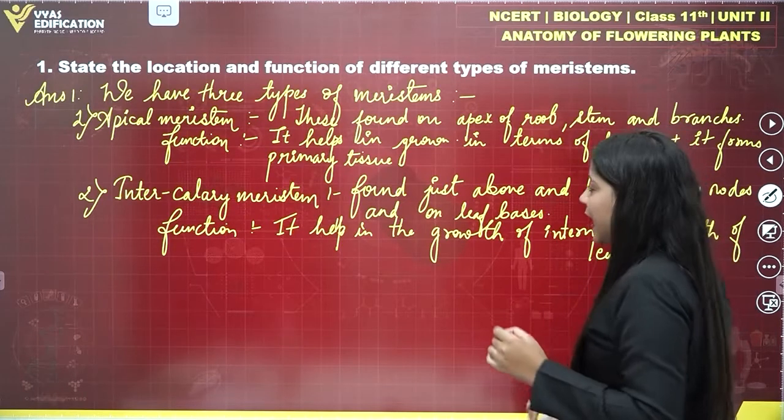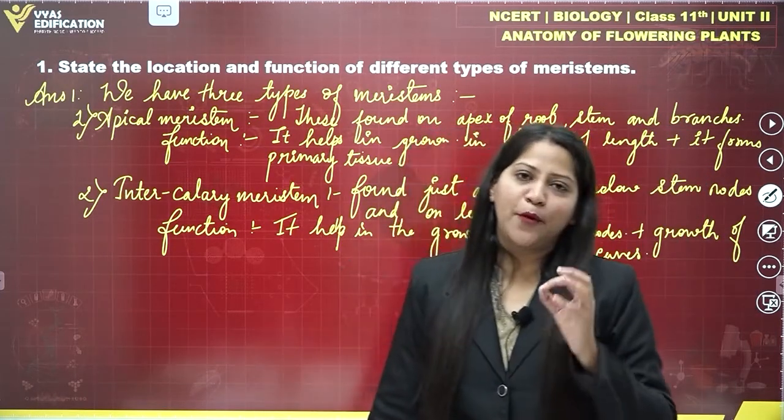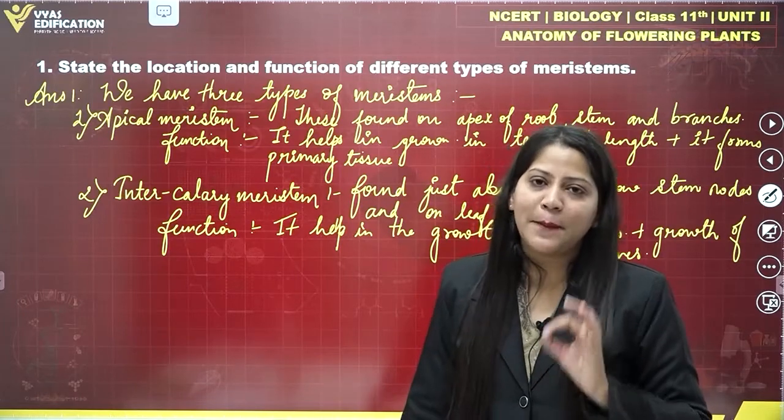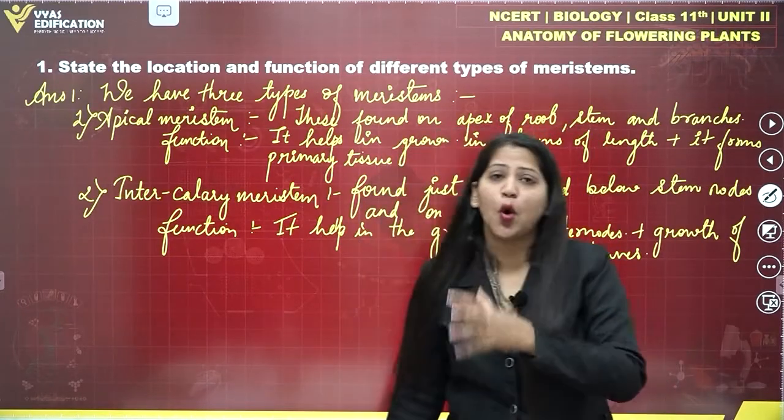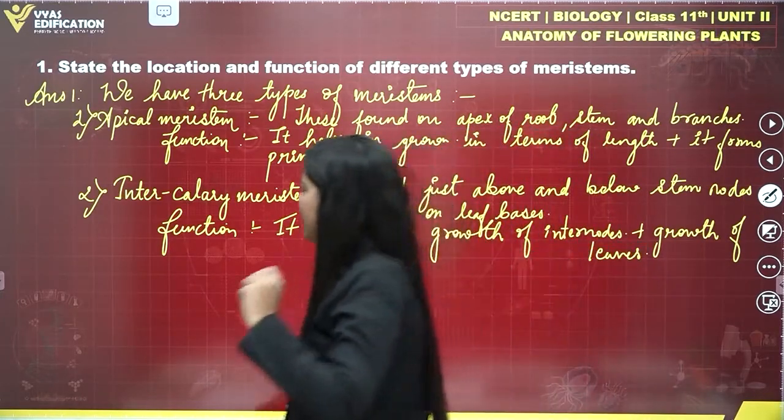right? Then next and the third type of meristem we have is lateral meristem, which is of two types, that is cork cambium and vascular cambium.